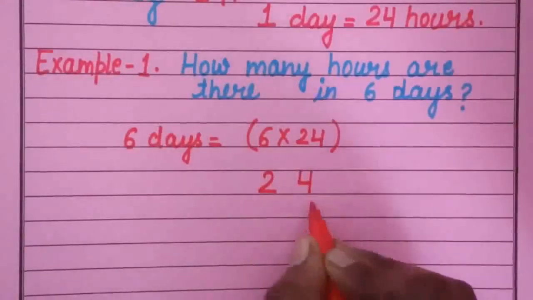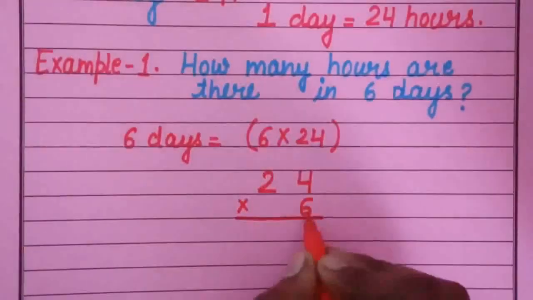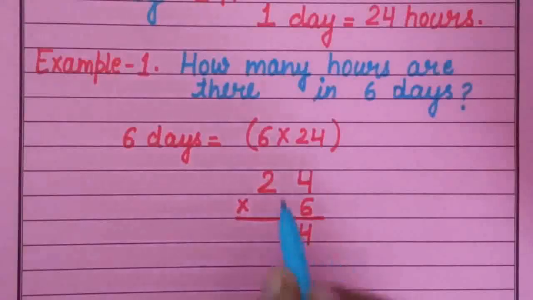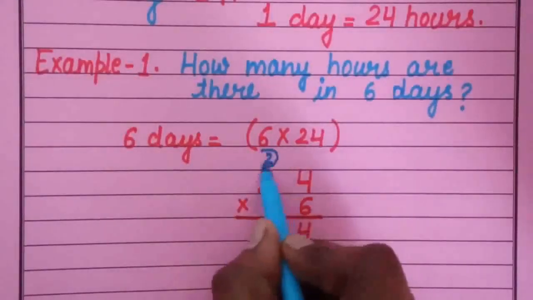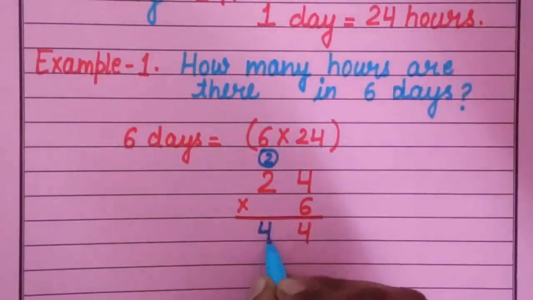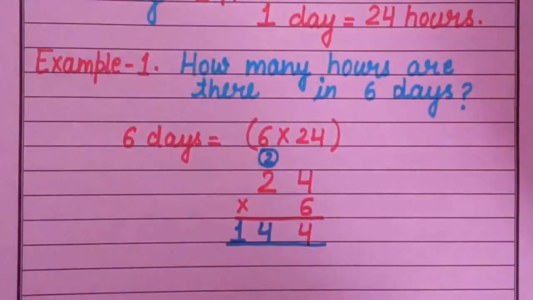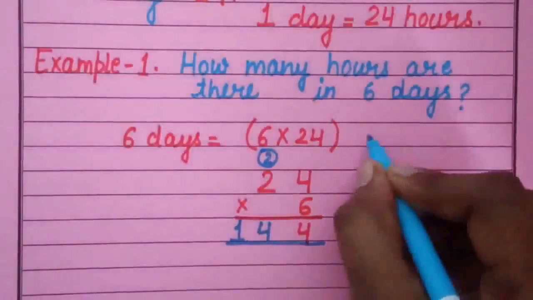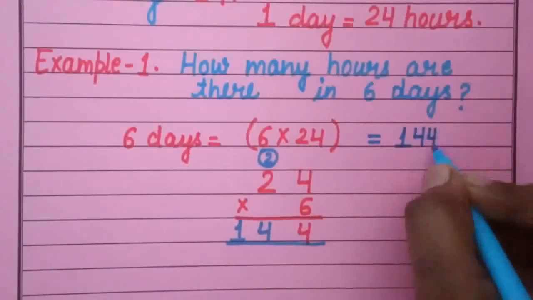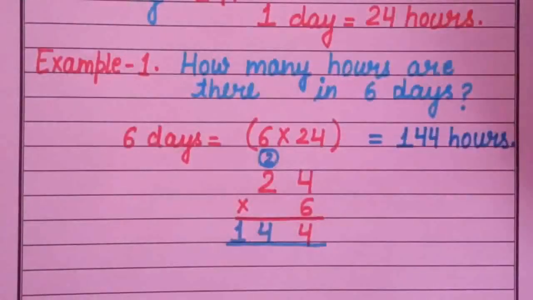Now let's do multiplication. Here 4 multiply by 6. 6 4s are 24. Carry 2. 6 2s are 12. 12 and 2 is 14. It means total 144 hours. Why hours?